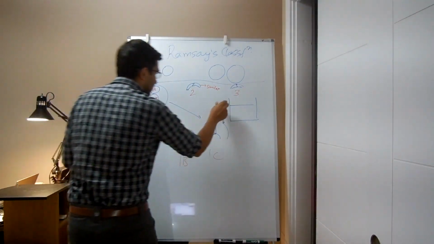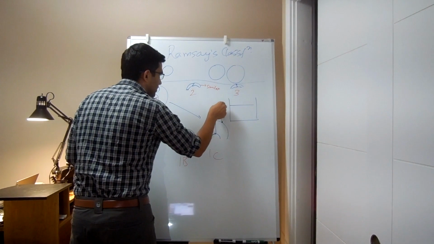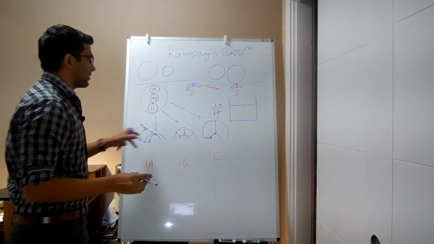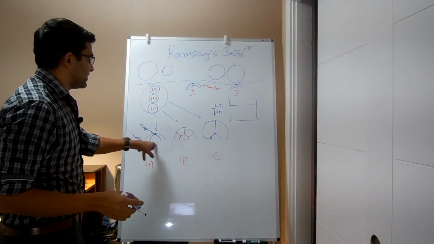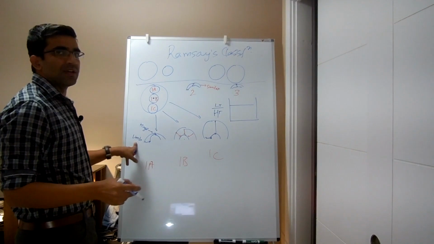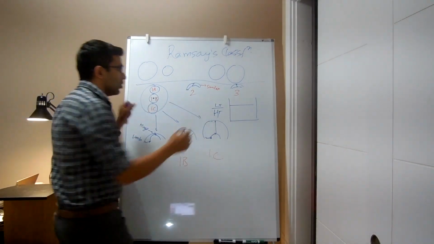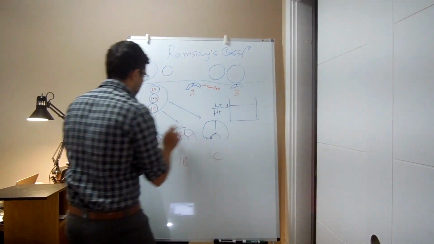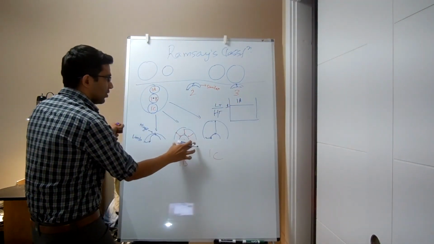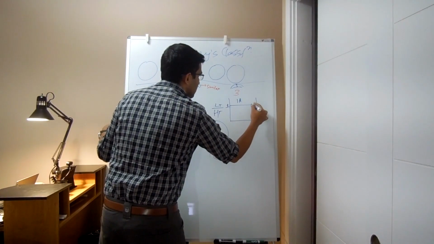Actually I should define it the other way around: limb thickness here and hinge thickness over here. Only in this case is my hinge thickness smaller than limb thickness. So limb thickness is greater in this case, so this ratio will be greater than 1 for this kind of fold. This is 1A. You see 1B, it's always the same, so the ratio will be 1.